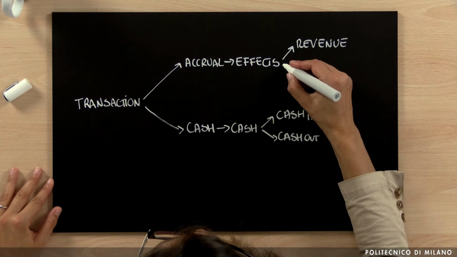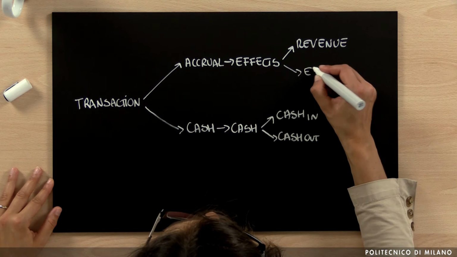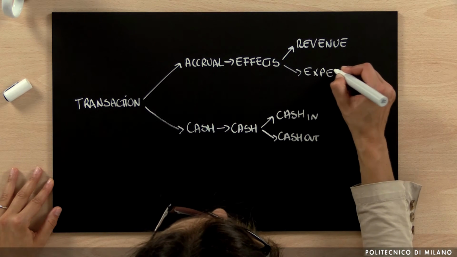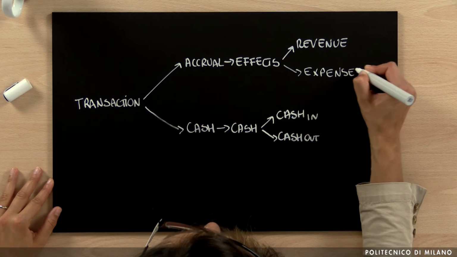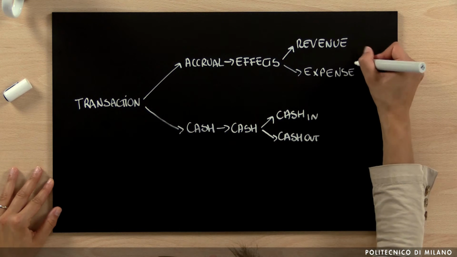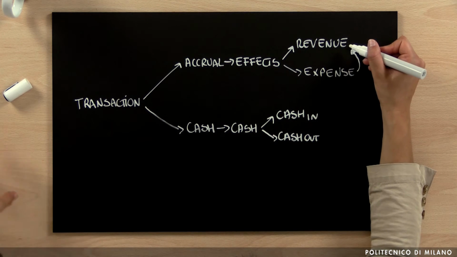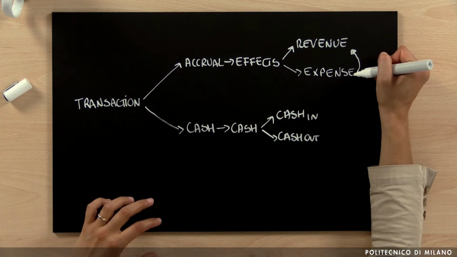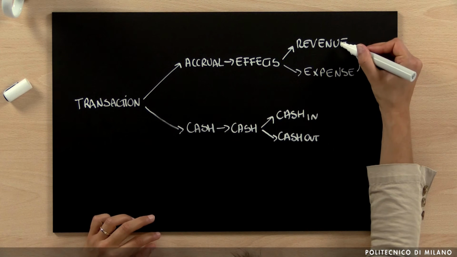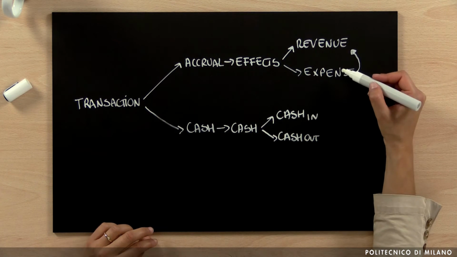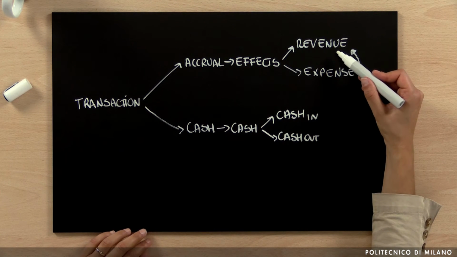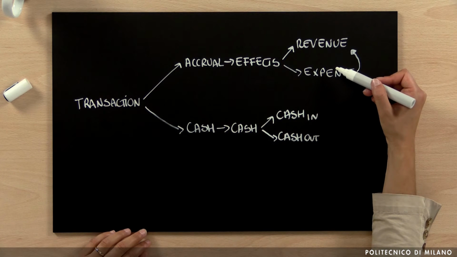On the opposite, we register an expense in the moment in which it is associated with a revenue. So pay attention, because the expense is related to the revenue. If we have the revenue, we need to identify the resources that are related to that specific revenue. And only if we have the expense related to the revenue, we can register the expense itself.